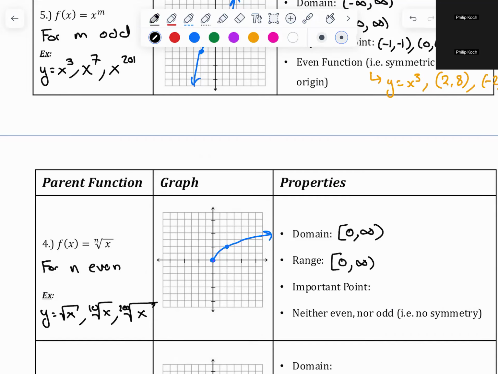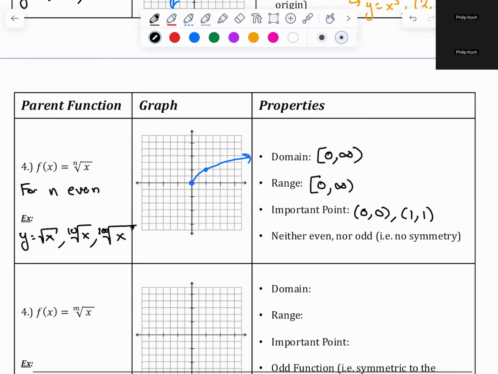You have to be at x equals 100 to get to a y value of 10. You have to be at x equals 10,000 to be at y equals 100. So it takes a long time, but it does eventually get to positive infinity in the range. And so the important points are (0, 0) and (1, 1).